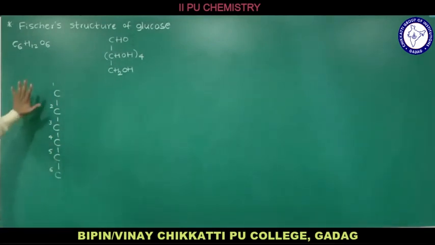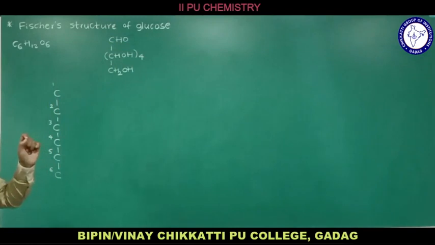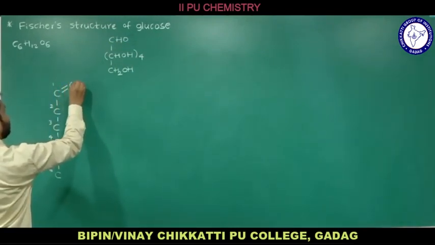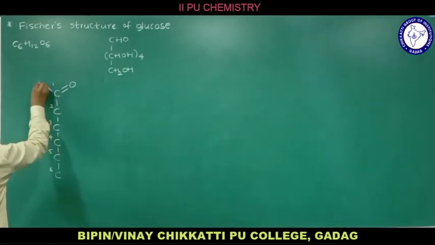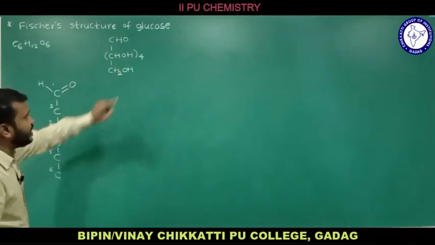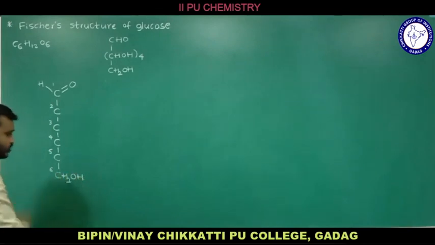We know that the 6 carbon atoms are in a straight chain, and at the top we have CHO, the functional group aldehyde. I can draw it like this: C double bond O and C single bond H, that is nothing but the aldehyde functional group, isn't it? At the bottom we have CH2OH, I am going to write here CH2OH, right?